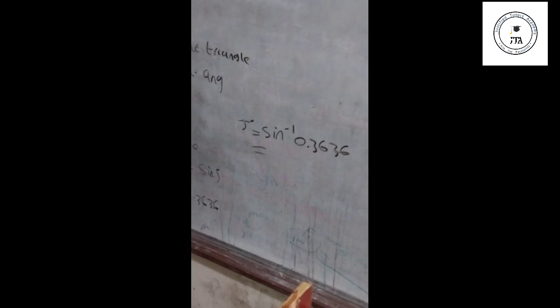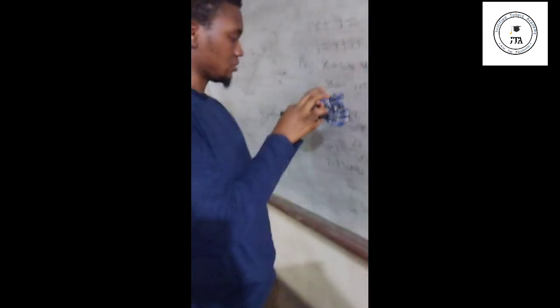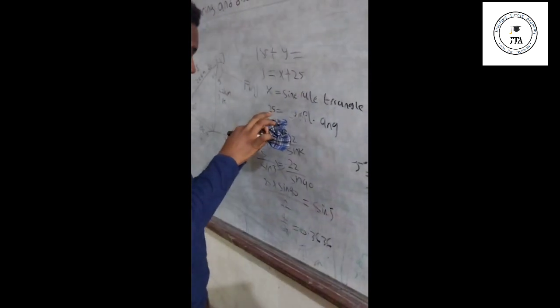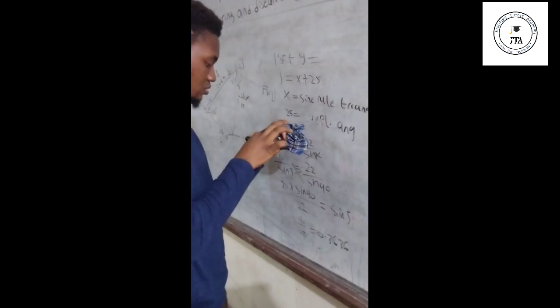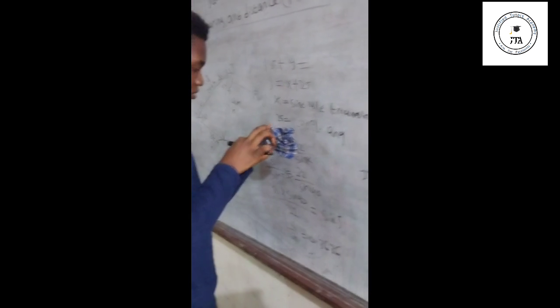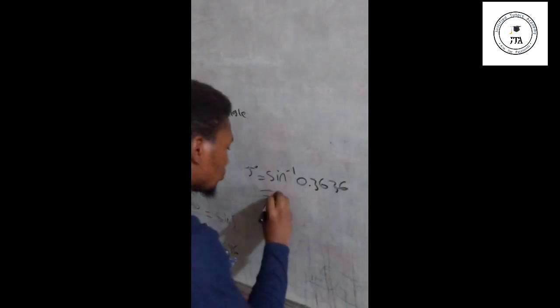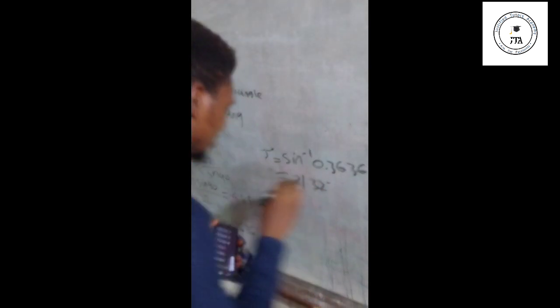Let's do that. Sine inverse of this answer, arc sine 0.3636. That's 21.32 degrees.